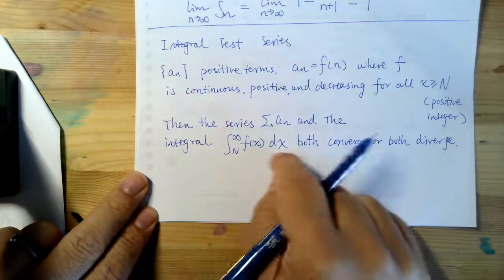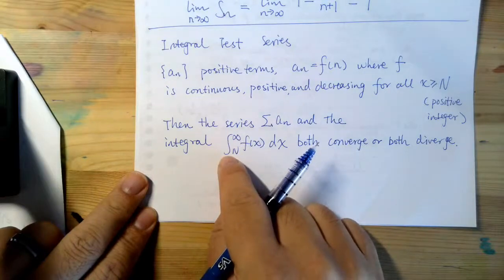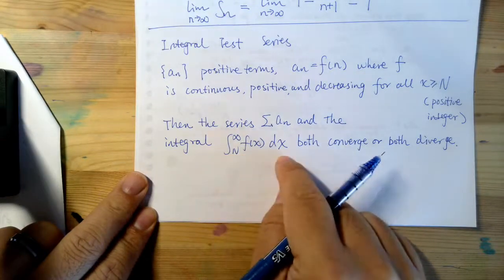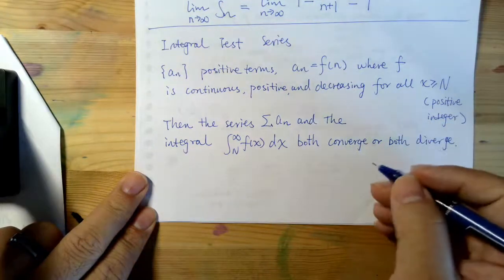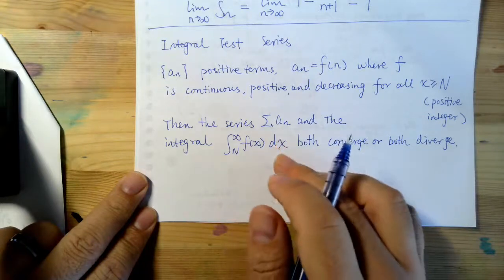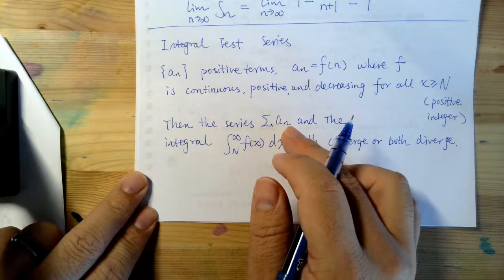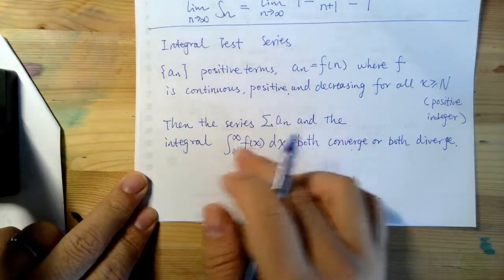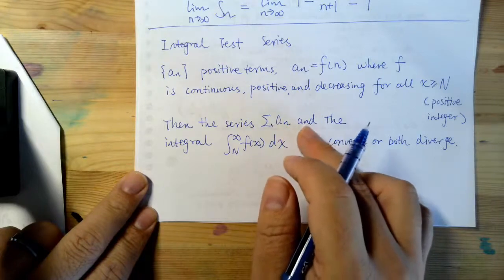In other words, if you evaluate the corresponding integral and it converges, let's say to capital M, that capital M has no relationship to the sum of that series. We only know that the integral converges and then the corresponding series converges.